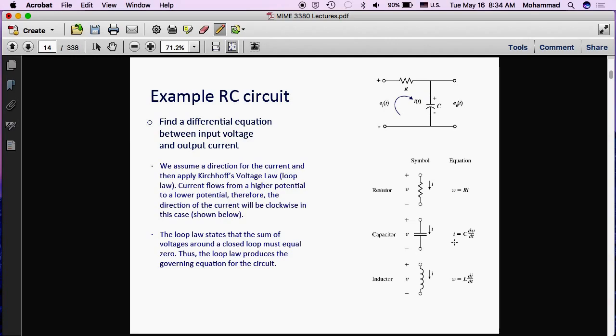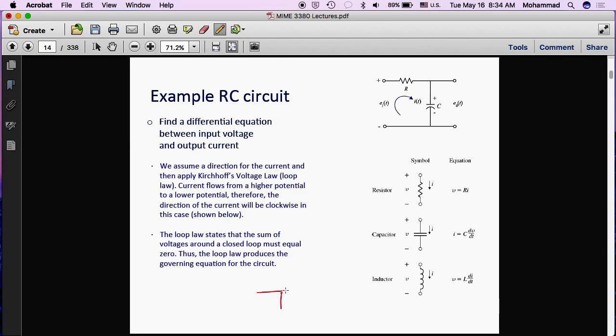One of them says if you have a node like this, which has two branches going out and one branch coming in, then at this point, current coming in will be equal to current going out. So you wouldn't lose current. Let me draw another branch here.